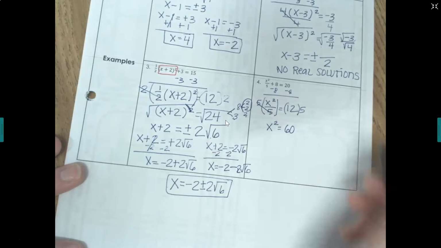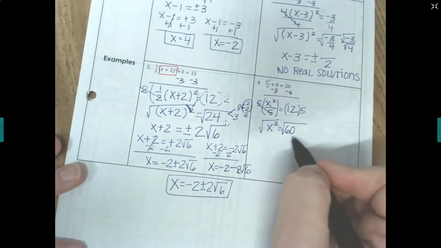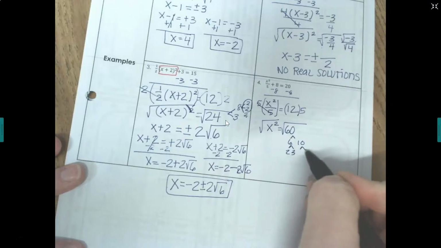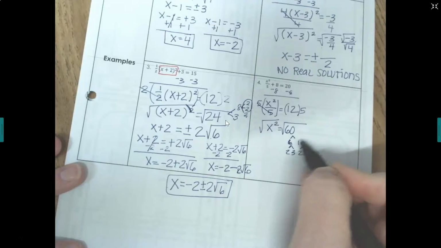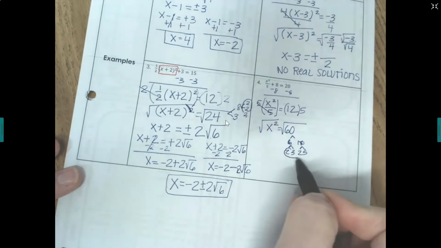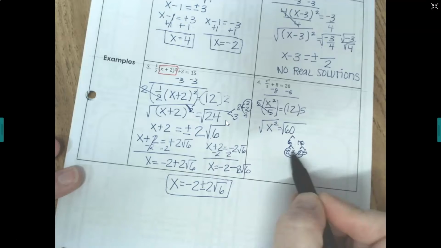My squared term is alone, so I am going to take a square root of both sides. Let's see how 60 will break down. We have 6 and 10, 2 and 3, 2 and 5. We've rewritten those, so be sure you don't look at them anymore. We do have a pair of 2's right there, which means a 2 will go in front.